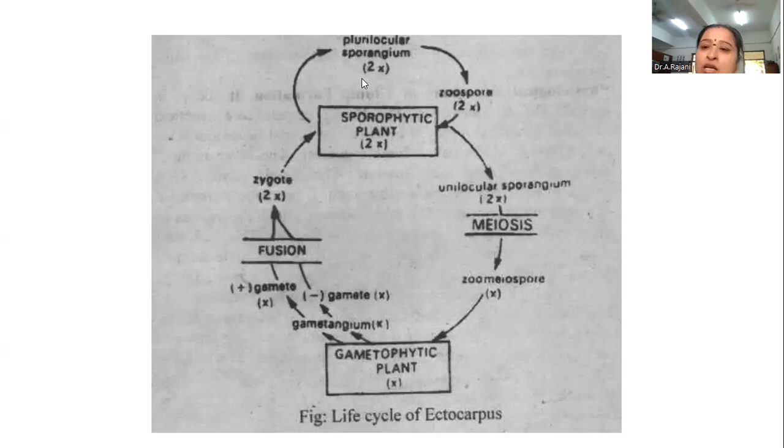Another very important one is plurilocular sporangia and unilocular sporangia. Trichogamy, and clump formation is the most important expected question. And the life cycle, isomorphic diplohaplontic life cycle. These are the expected questions for this topic.